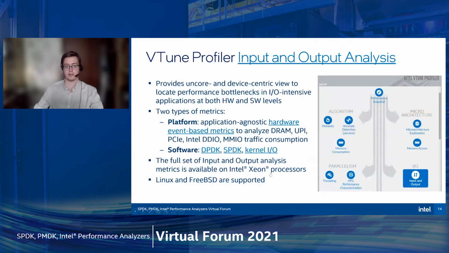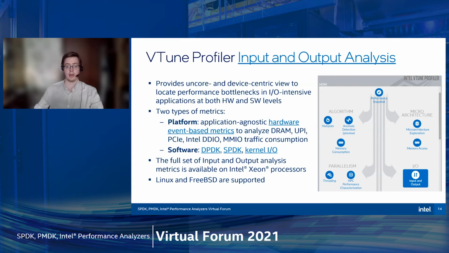So VTune has different analysis types for different purposes, and I'm going to talk about input and output analysis. It provides an Uncore and device-centric view that helps you to locate performance bottlenecks of your application at both hardware and software levels. So we have two types of metrics. The first one is based on hardware events. So these metrics are application agnostic and device agnostic.